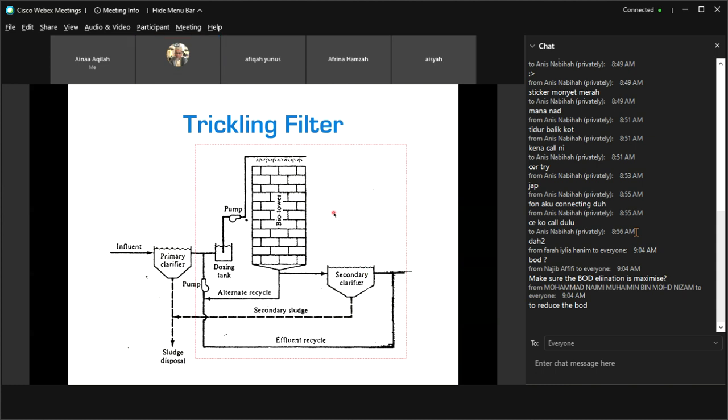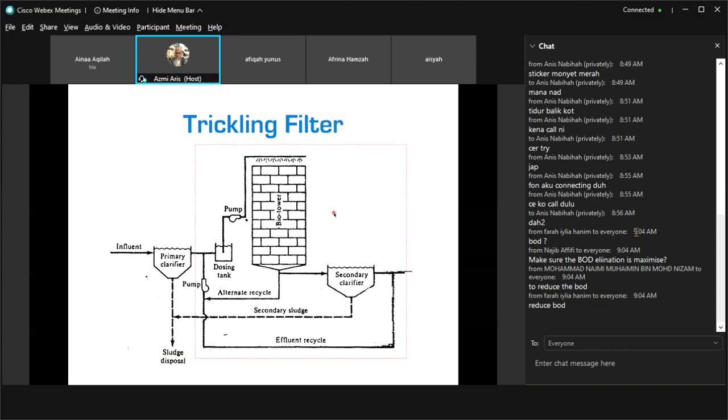Yes, that is correct. But why didn't we recycle the wastewater in activated sludge? Why here we recycle the wastewater? Why not in activated sludge? Don't we need to maximize the BOD removal in activated sludge? Any idea?